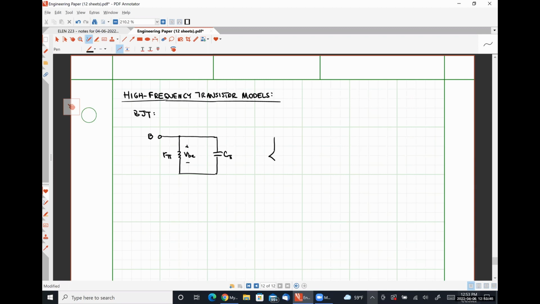Over here, on the right-hand side, we have GM VBE. And so down here in the middle is our emitter terminal. In parallel with GM VBE, we have our early effect resistance R naught.